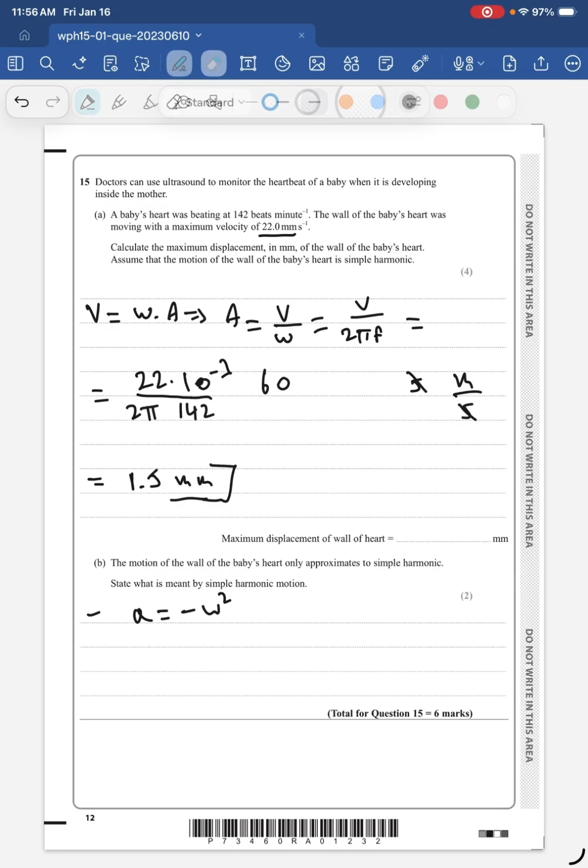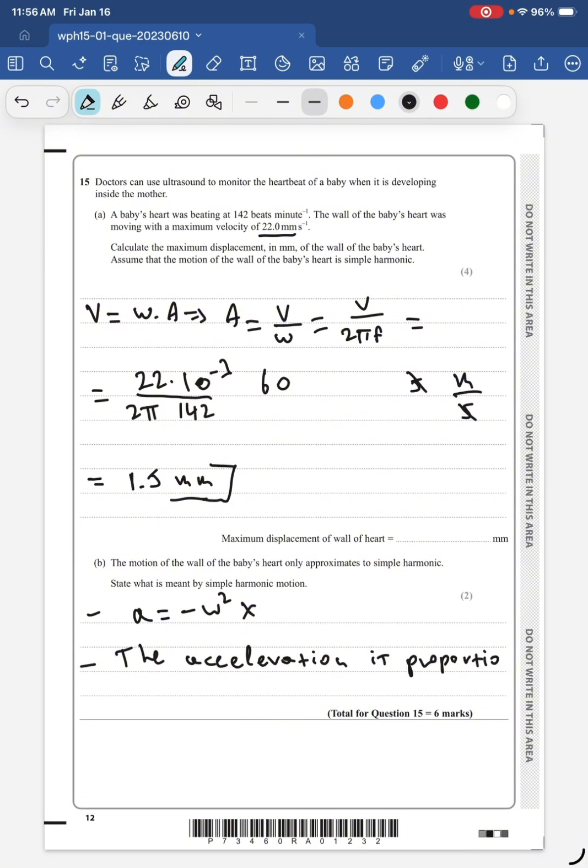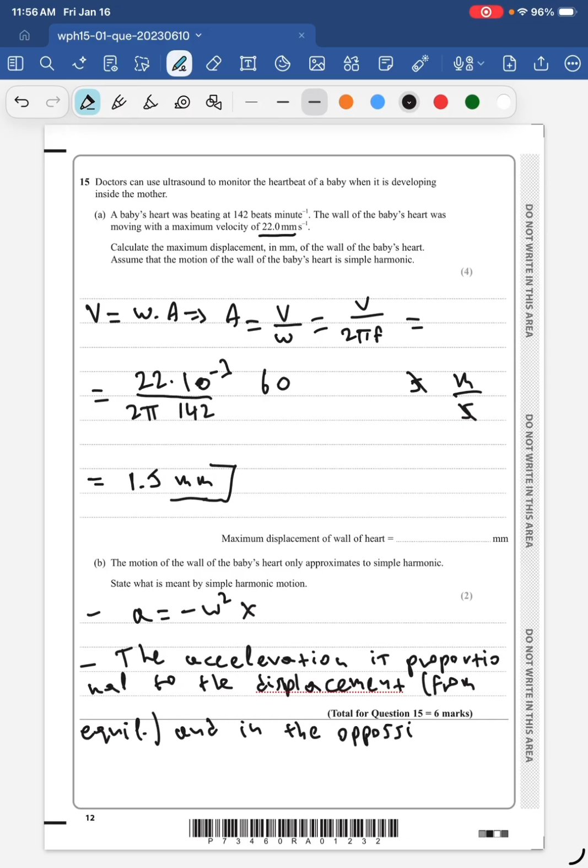So simple harmonic motion means, if you have to write it in words, the acceleration is proportional to the displacement from equilibrium, and in the opposite direction. And this is what it means.